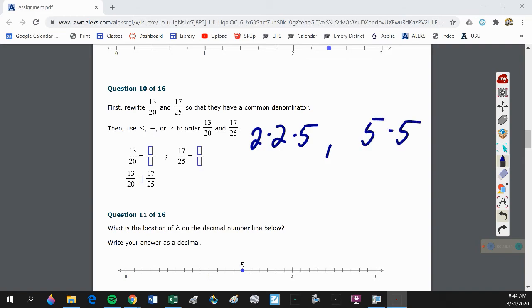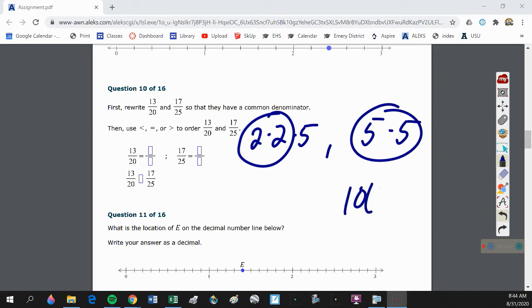What does the common denominator have to have? 2 2s and 2 5s, which would be 100. What do I need to multiply the first one by? 5, so 65. And the second one, multiply it by 4, so 40 and 28 is 68.